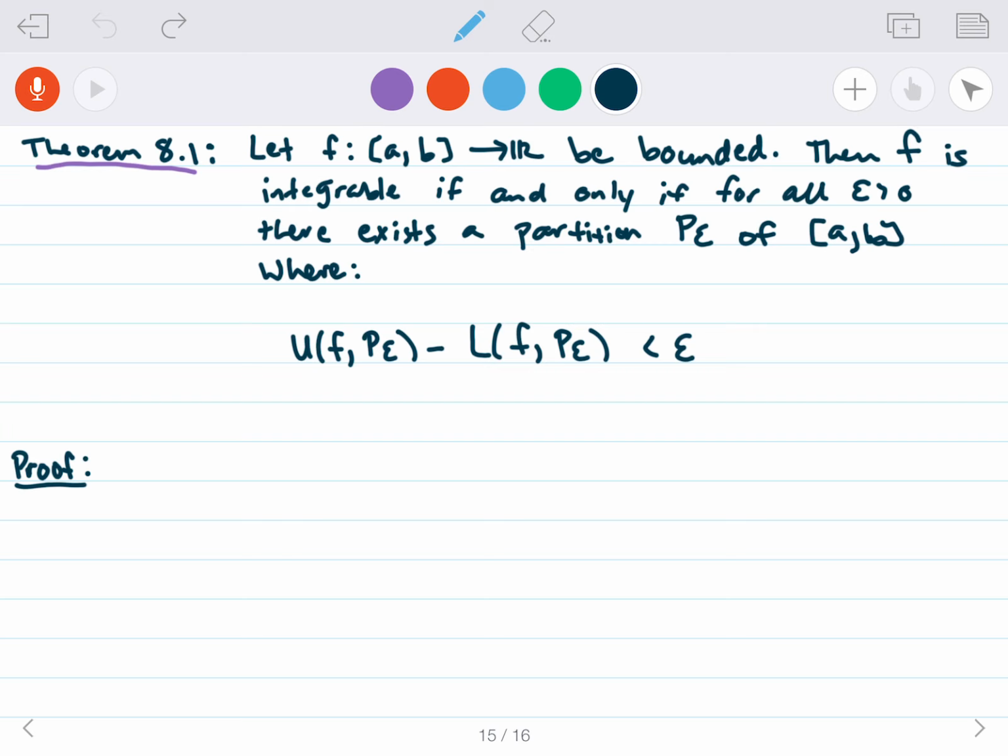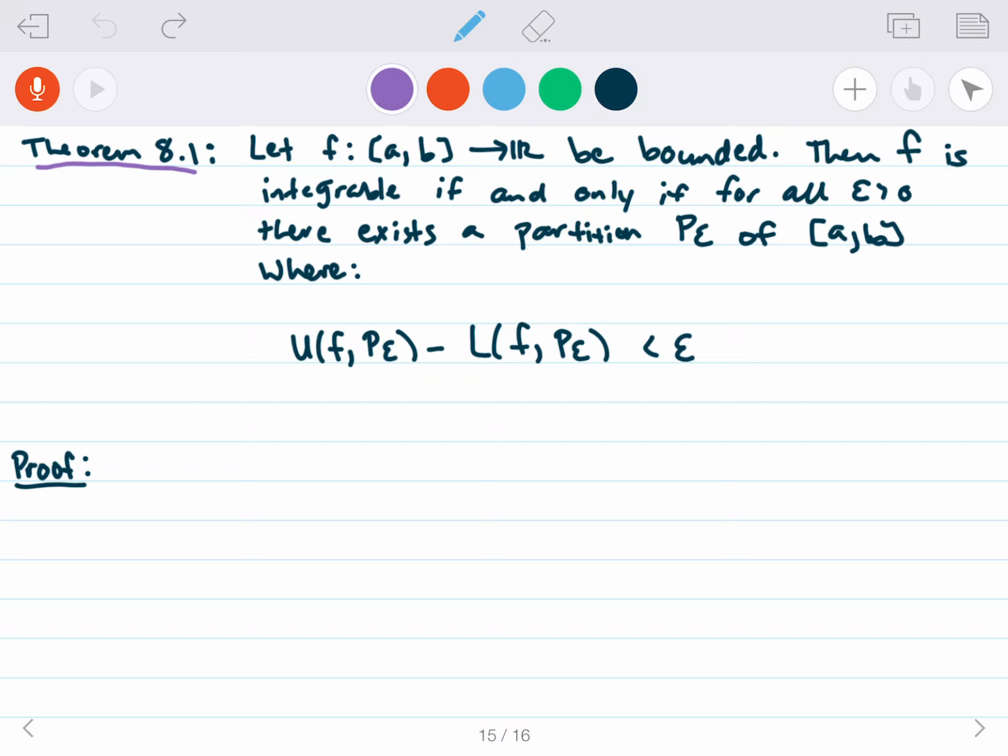Okay, so let's take a look at this theorem. So let's say we have a function f from a to b, and it's bounded. Then f is integrable if and only if for each positive epsilon there exists some partition P_epsilon of [a, b] where the upper sum minus the lower sum with that given partition is less than epsilon. Okay, so how do we think about this intuitively?